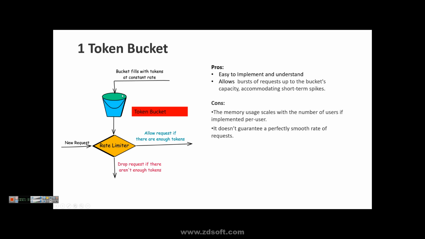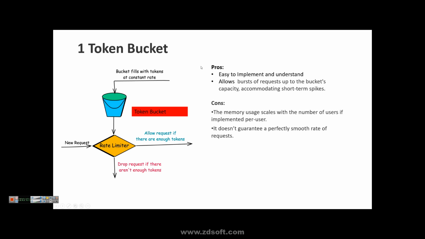Consider 10 tokens per second. Whenever a request arrives it must obtain a token from the bucket to proceed. If there are enough tokens, the request is allowed and the tokens are removed, but if there are not enough tokens available, then the request is dropped. In this way the token bucket algorithm works.